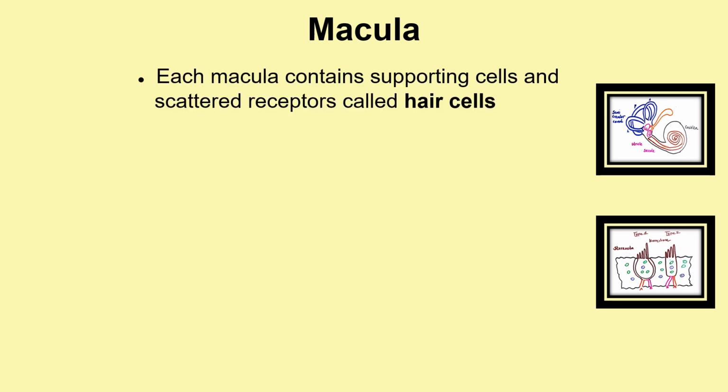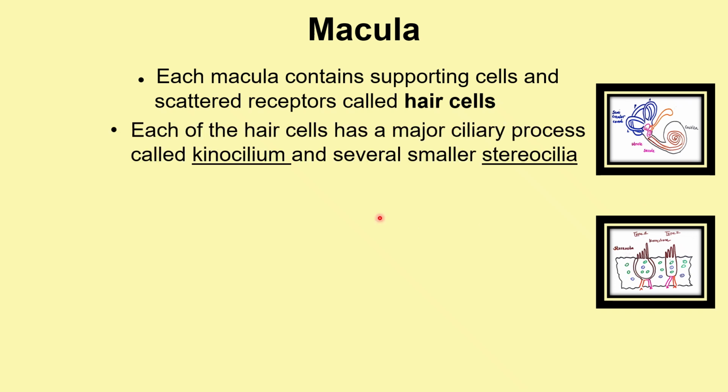Each macula contains supporting cells and scattered receptors called hair cells. So the macula is only present in the utricle and saccule. Each hair cell has a major ciliary process. The longest is called the kinocilium, and the smaller ciliary processes are called the stereocilia.